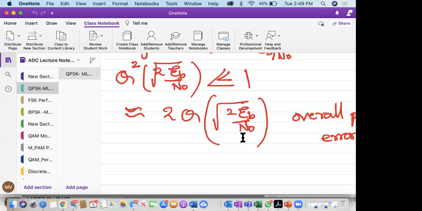If you use QAM, QPSK or BPSK, the modulation schemes and the probability of error remain the same. What we have changed is the transmission technology. Earlier we transported through a single carrier. Now we are transporting through multi-carrier communication. I think I have answered your question.